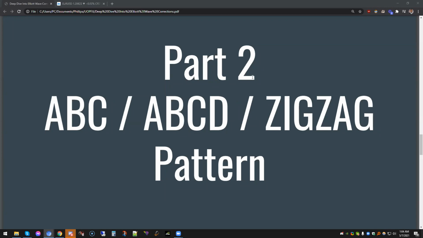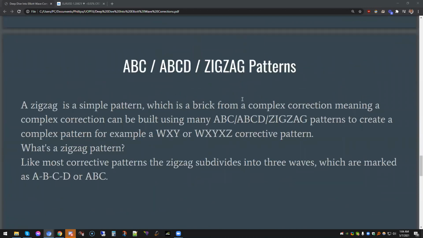Great. So this evening on part two, we'll be looking at the ABC, ABCD, also known as the zigzag patterns. Now, a zigzag pattern, or as I said, known as the ABC or the AB equals CD pattern, is a simple pattern.